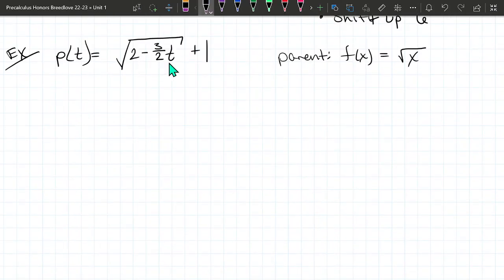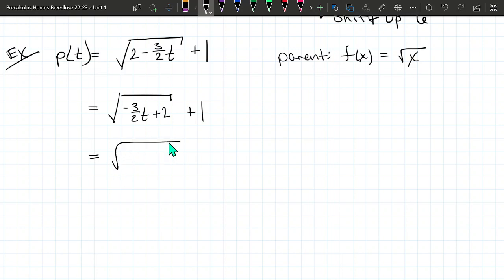All right, so we want to get all this stuff into the right order. So p of t is going to equal the square root of, we want to switch them, right? Negative 3/2 t plus 2, and then plus 1 outside. And then we also want to bring the b value out, factor out the b value, which is negative 3/2.